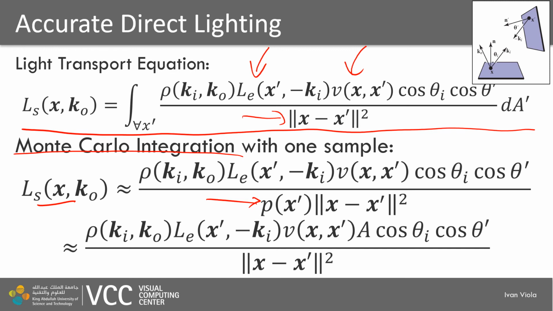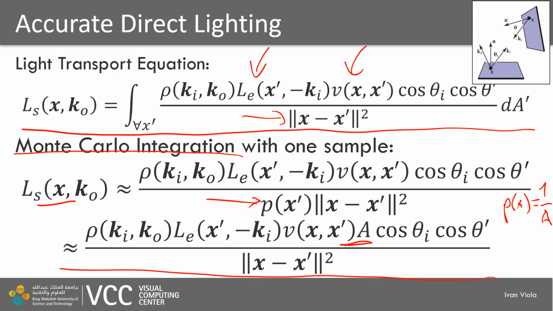So our p of x will be just a uniform distribution on the light source, 1 divided by area. In this way, we get the area term into the numerator, and this way we can approximate the light transport.